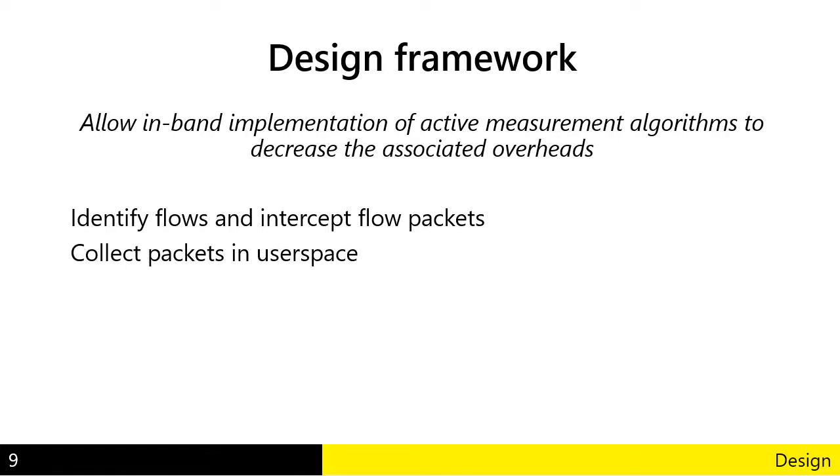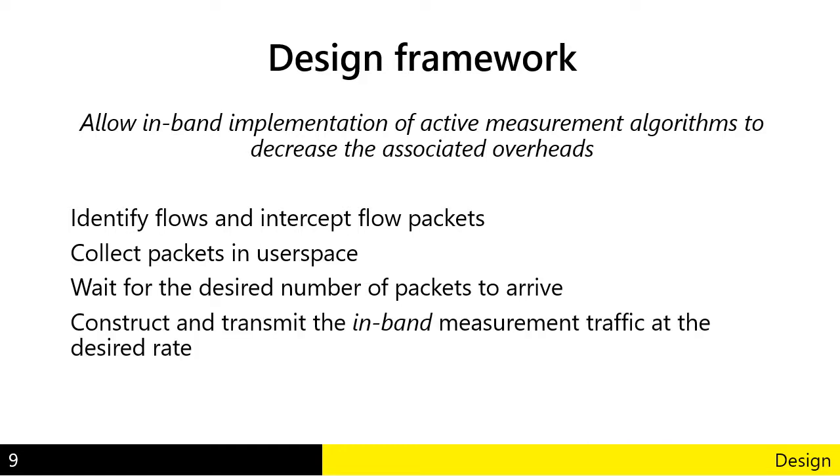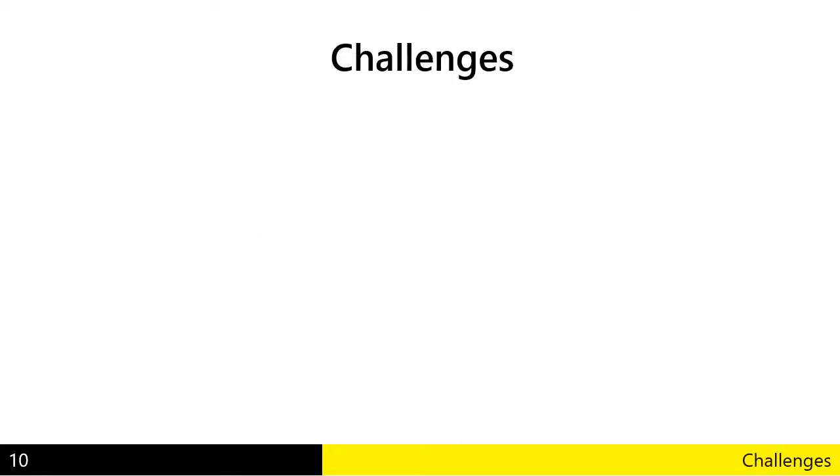We then collect these packets in the user space to generate measurement traffic according to the user-defined configurations. FlowTrace then waits for the specified number of packets to be received from the application flow. And lastly, FlowTrace constructs the measurement traffic and just transmits it over the wire at the desired rates in an in-band manner.